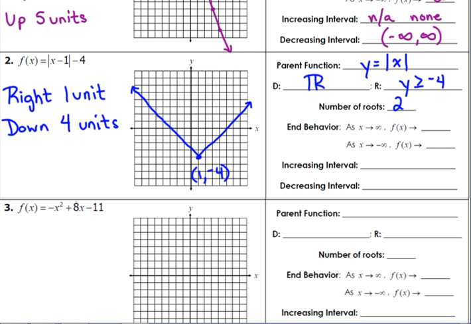Most of the time, we got 2 solutions, but sometimes we only got 1 solution, or sometimes we didn't get 1 at all because it was impossible for that function to equal 0. So 2, 1, or none for our absolute value functions. All right, end behavior, what are our ends doing here? Both of them are actually doing the same thing. Where are they headed?